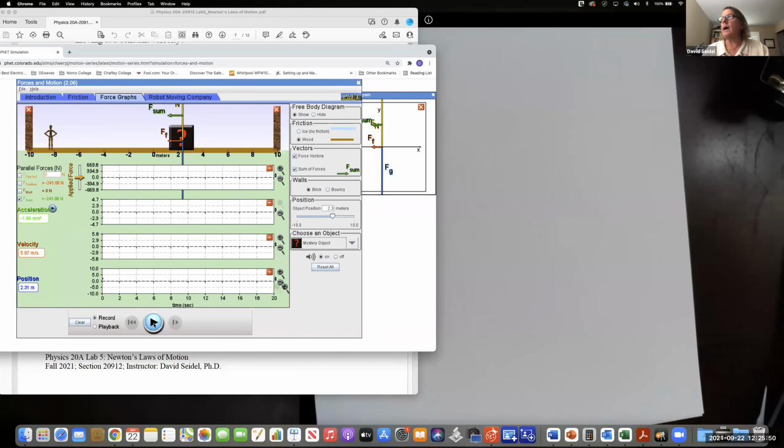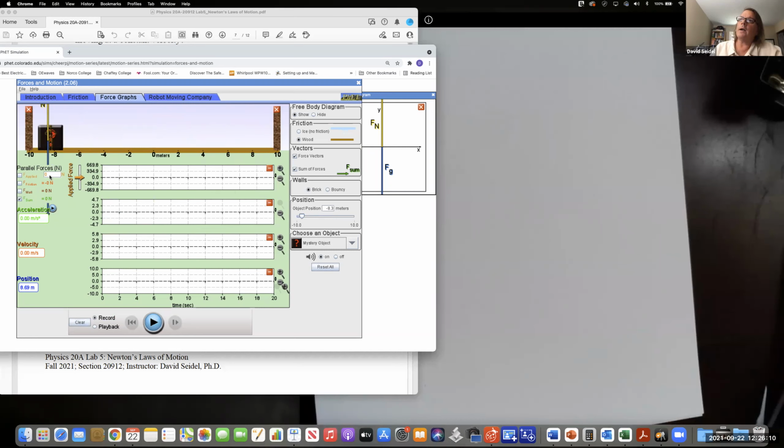I need to actually wait for my box to come to a stop. Pause. Put my box back towards the beginning and clear my graphs. Okay.